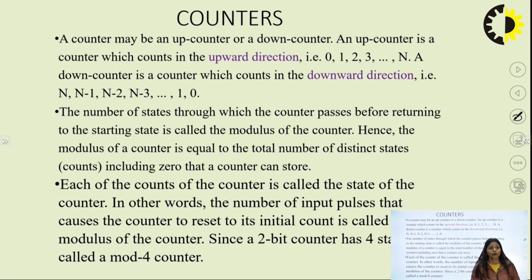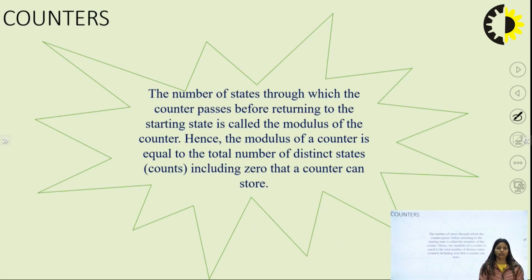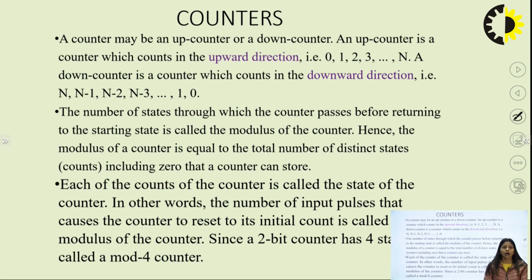Now the counters, as I told, can count in the upward direction and in the downward direction. If it counts in an up manner, it will count as 0, 1, 2, 3 and so on. In the downward direction, it will start from the highest number and then go down to 0, right.